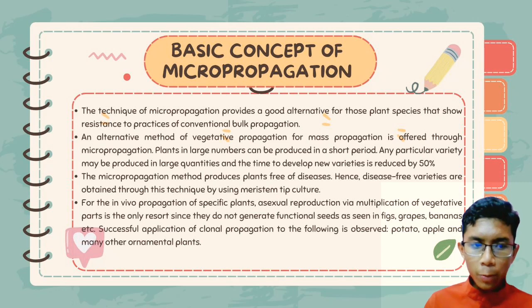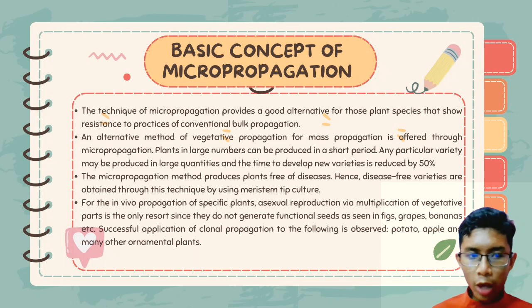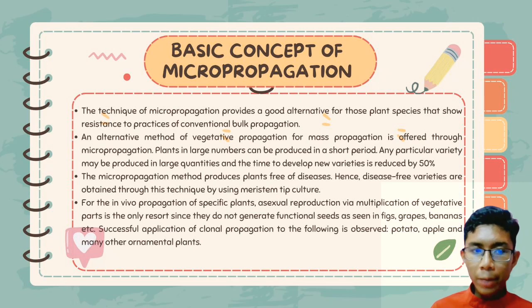For the in vivo propagation of specific plants, vegetative propagation is the only option, since they do not generate functional seeds, as seen in figs, grapes, bananas, and others. Successful applications of clonal propagation are observed in potato, apple, and many other ornamental plants.